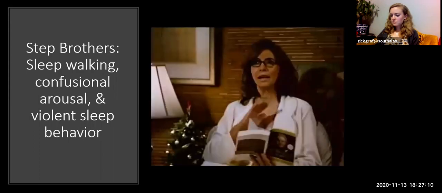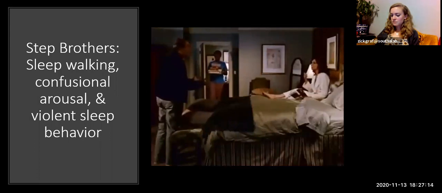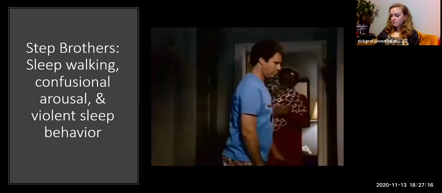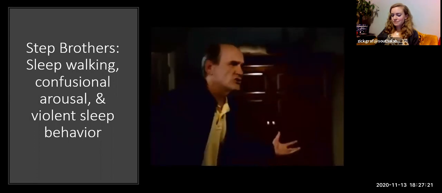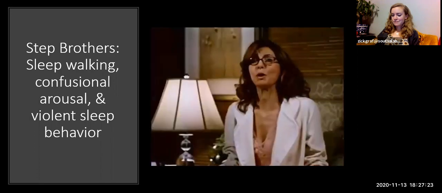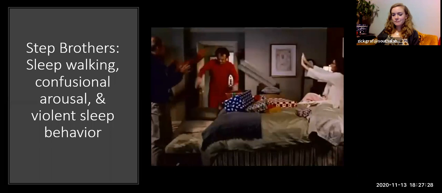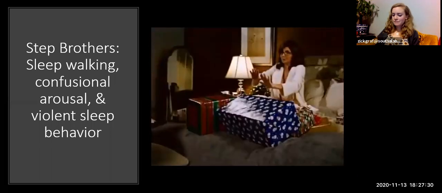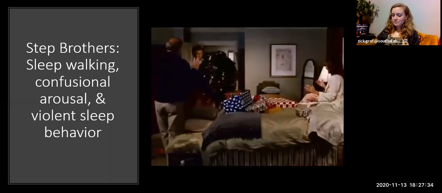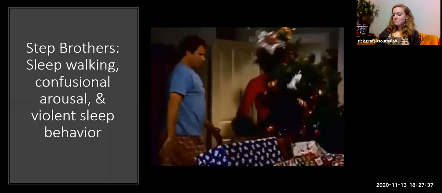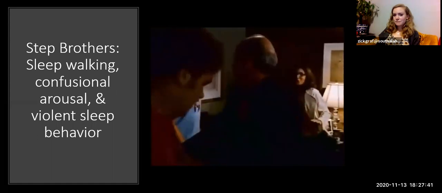Never, ever wake up a sleepwalker. But they could do real harm to themselves or others. I think we should take control. How do you propose to do that, Robert? They might cause harm to themselves or others. Terrible things. All right, I'm waking him up. No, don't wake them up. Oh, that's a myth.